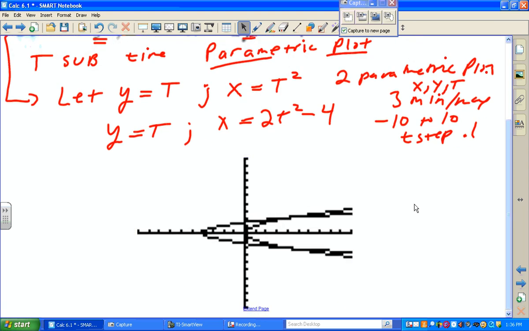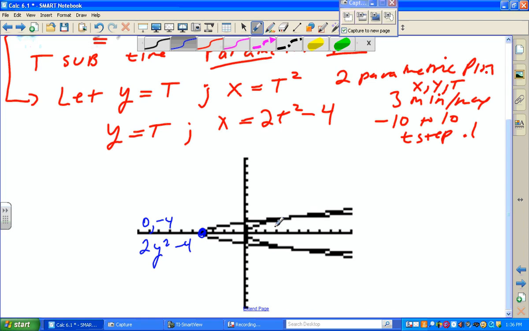How do you know that? Put 0 in for t and see what you get. You get 0 for one, -4 for the other. So this graph is 2y squared minus 4, and this graph right here is just plain y squared. So far, so good?